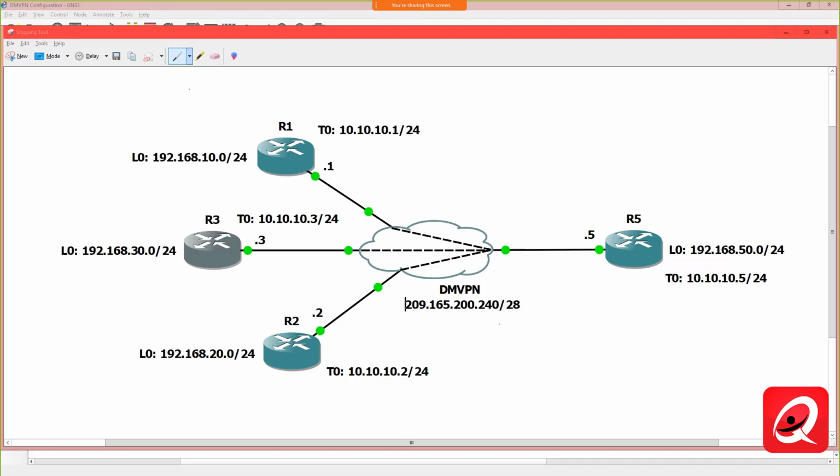The NHRP resolution request is really what's going to be necessary in order for us to do the spoke-to-spoke communication. So we may not actually see NHRP resolution request messages in a DMVPN Phase 1 environment. We also have the NHRP redirect message, which I just referenced recently.